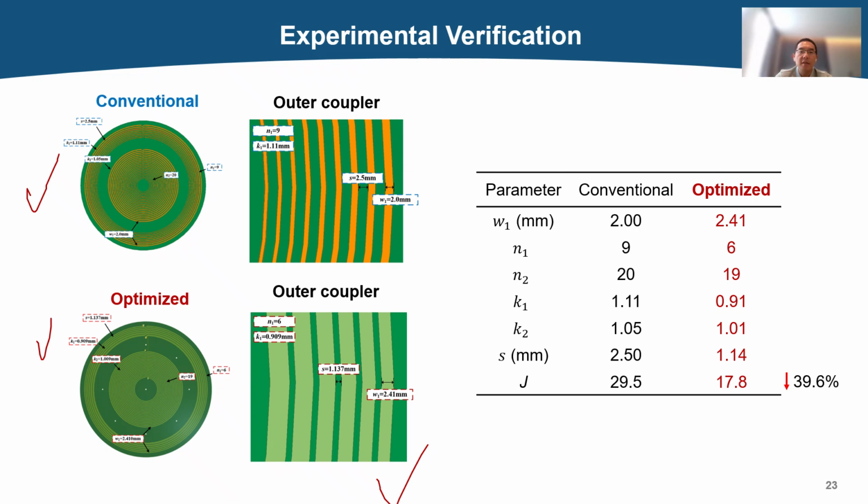In contrast, the conventional design features traces that become narrower toward the center. A detailed perimeter comparison is presented in this table, showing that all design perimeters differ between the two versions. The optimization results in a reduction of the objective function value by approximately 39.6%, indicating a substantial performance improvement.